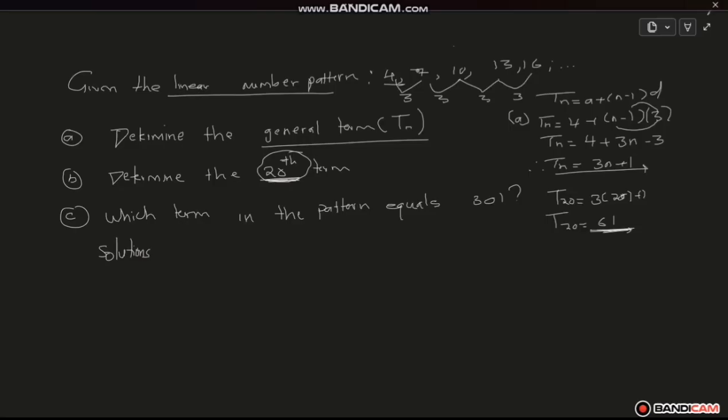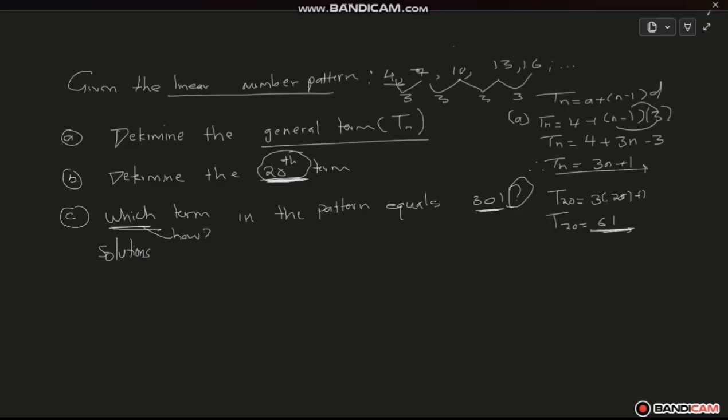Then, what else now? Which term in the pattern, this is a question, sometimes they can say how many, that's a question. Which term in the pattern is equal to 301? That's a question, right? What you're going to do, you're going to take this 301 and substitute it where there's Tn. Very, very important.